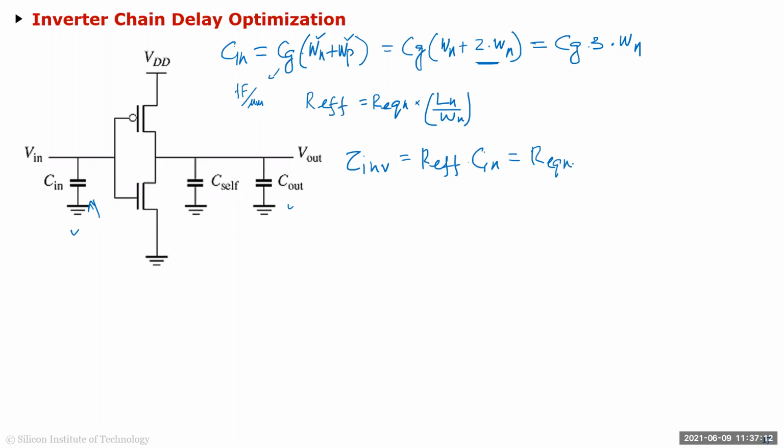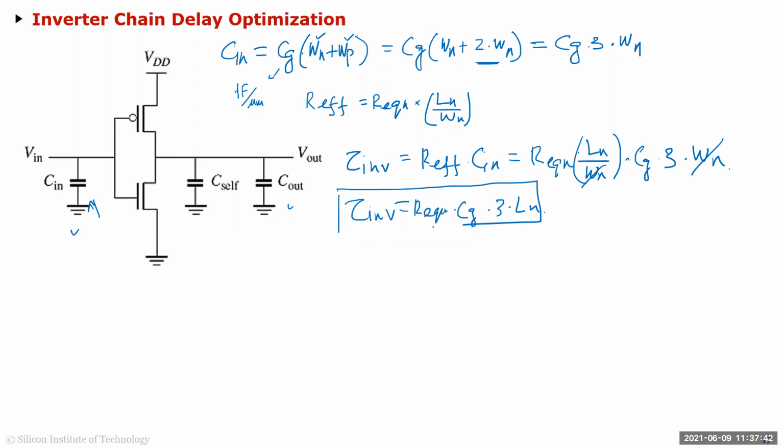So this is R equivalent over Wn times CG times 3 times Wn, right? And so Wn cancels. So I can write this as R equivalent times CG times 3 times ln. So this I can write as the self delay of the inverter, right?